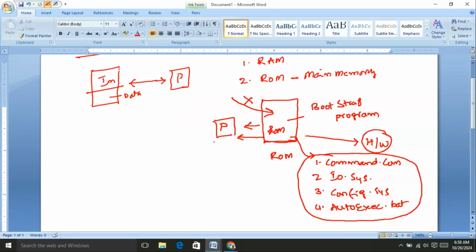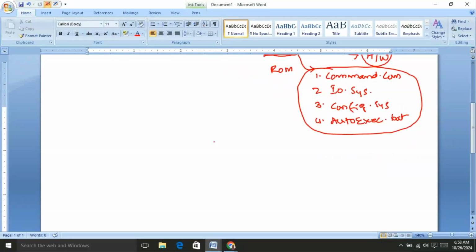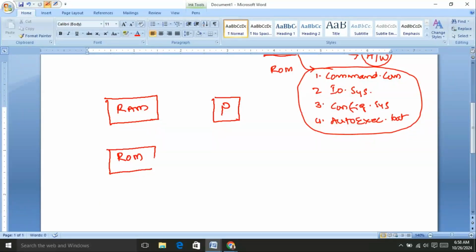Suppose we would like to explain the interconnectivity structure with the computer. Let us consider this is the processor. The processor can access only the RAM, random access memory. Let us consider this is the read only memory, which consists of only the basic programs.